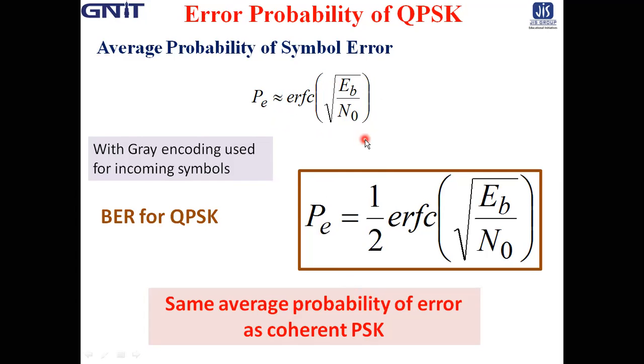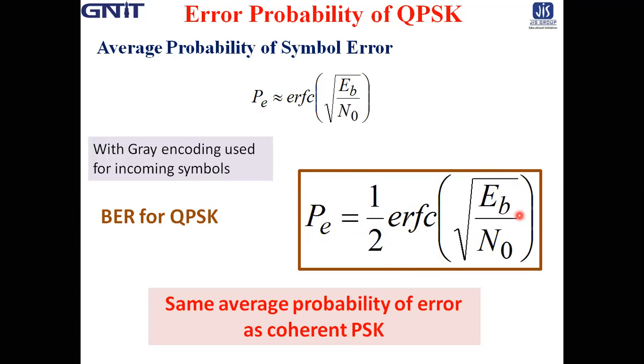Now with Gray encoding used for the incoming symbols, we find that the bit error rate of QPSK is exactly PE equal to half erfc square root of Eb by N0.